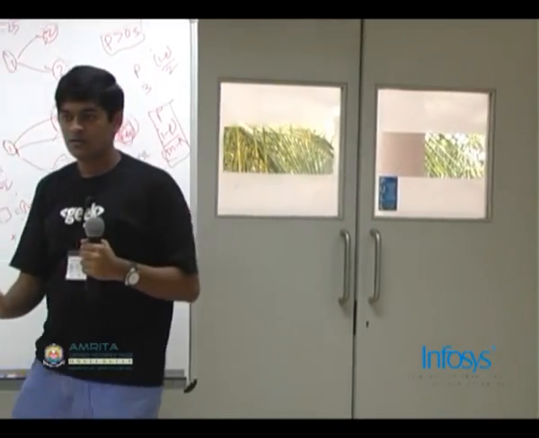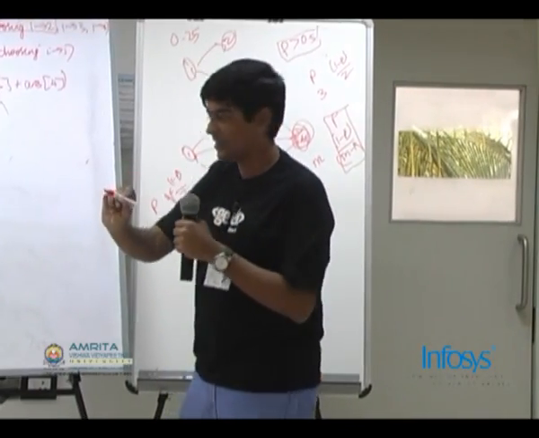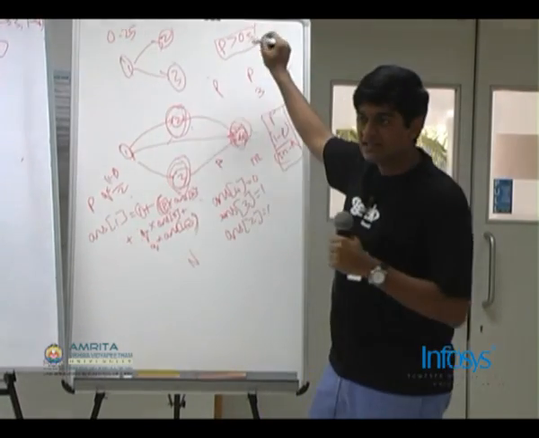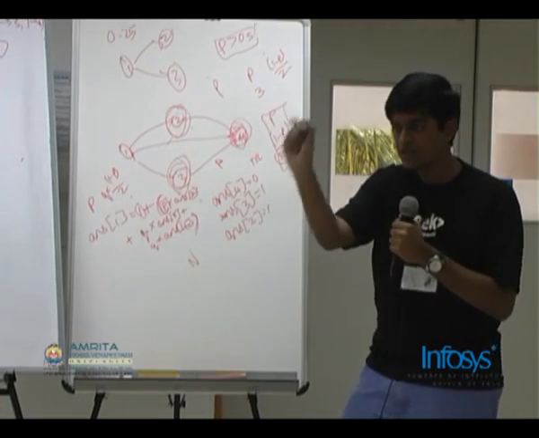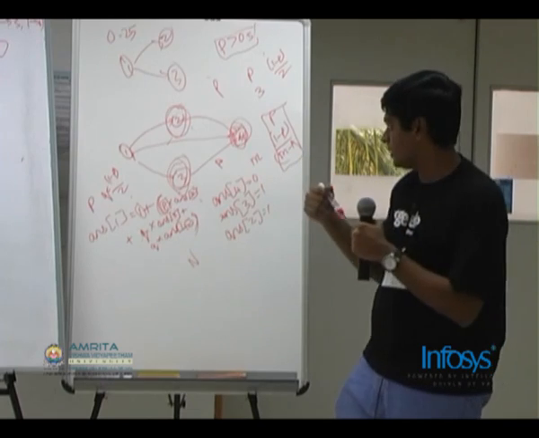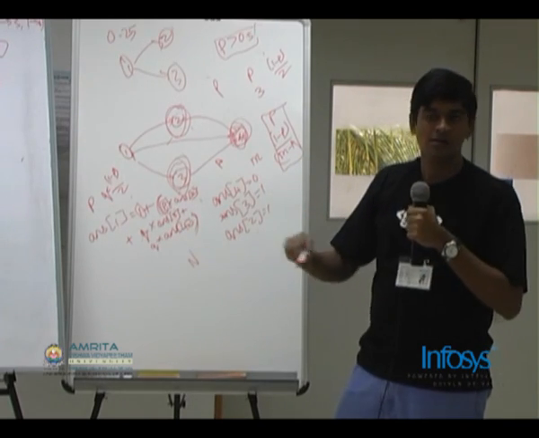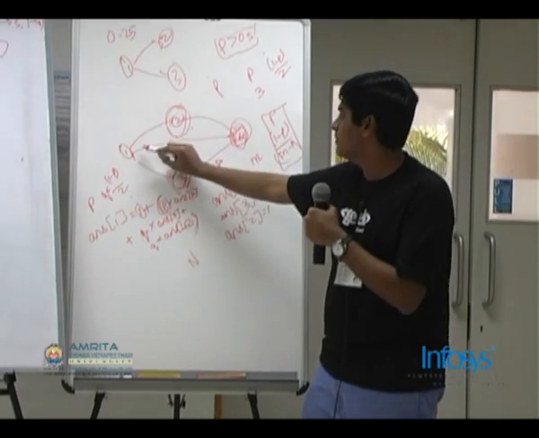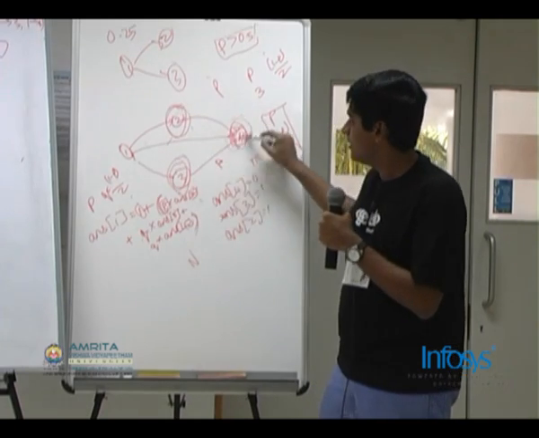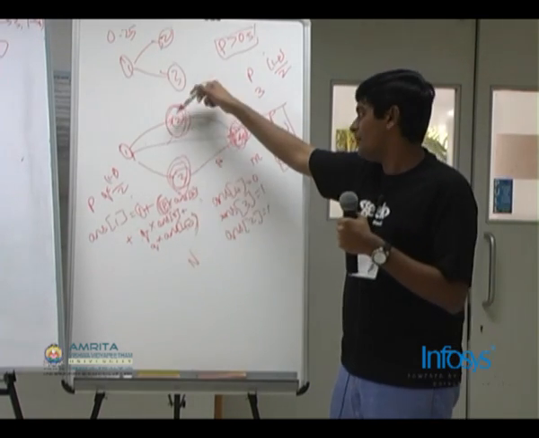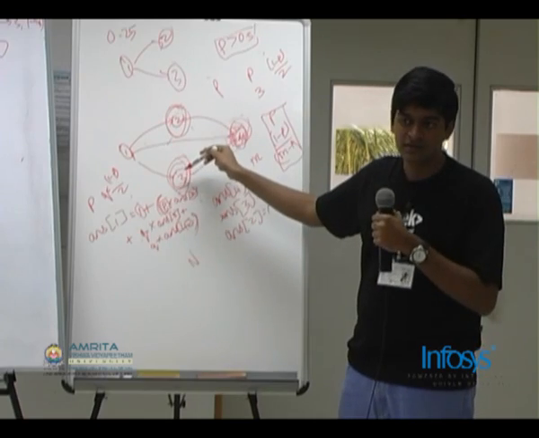Everyone understood it? Okay, I'll repeat that again. I gave the condition P is greater than 0.5. He is asking why I gave that. That is because in the solution I wanted to tell, I wanted to pick the minimum expected value of all these nodes.